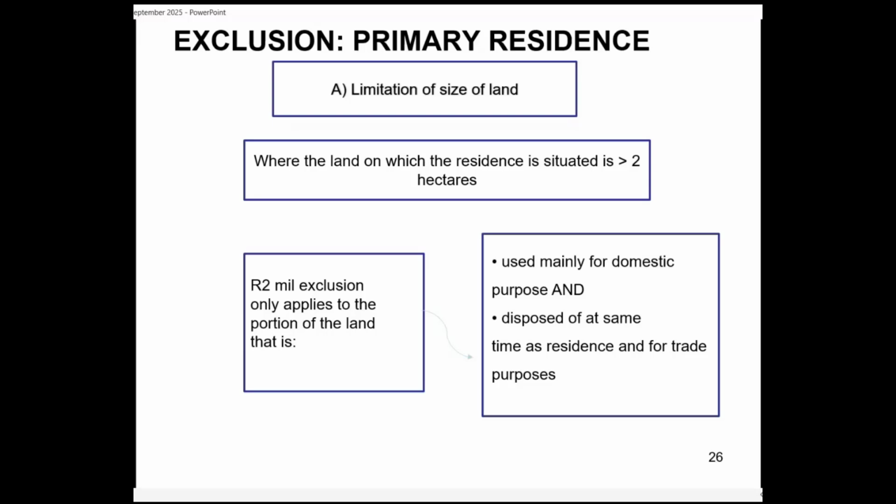So we will see that with the calculation, but after you divide, it is the portion of the land used mainly for domestic purposes. It must be disposed of at the same time as the residence.